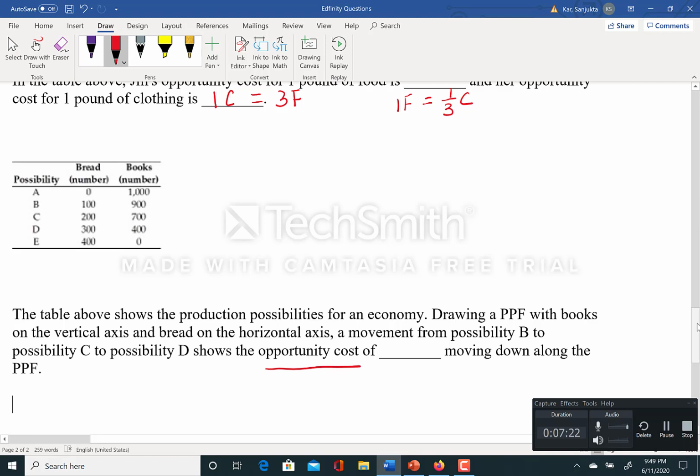So I'm going to use the formula for opportunity cost again, which is loss over gain. I can do 4 things here. I can move from A to B. I know it's asking from B to C to D. I can move from B to C, I can move from C to D, and I can move from D to E.